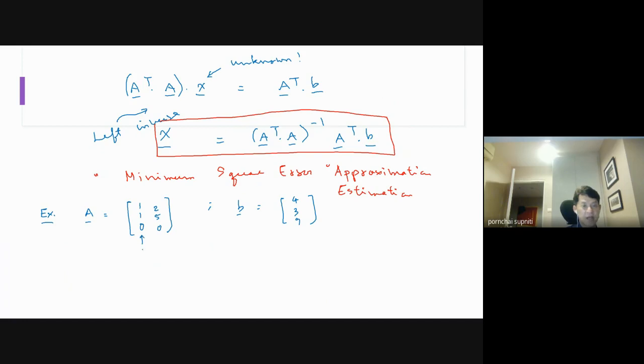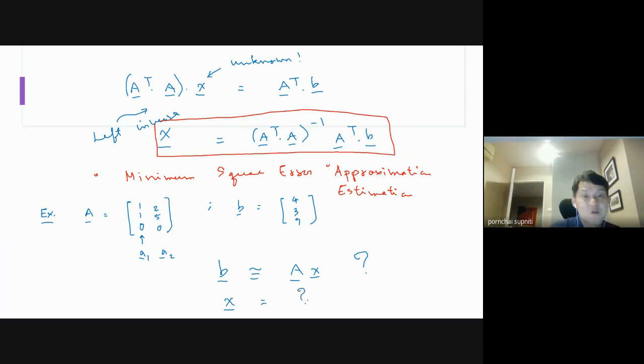So this is column vector A1, and this is column vector A2. And we want to approximate B with AX. So we want to find what is X, basically.